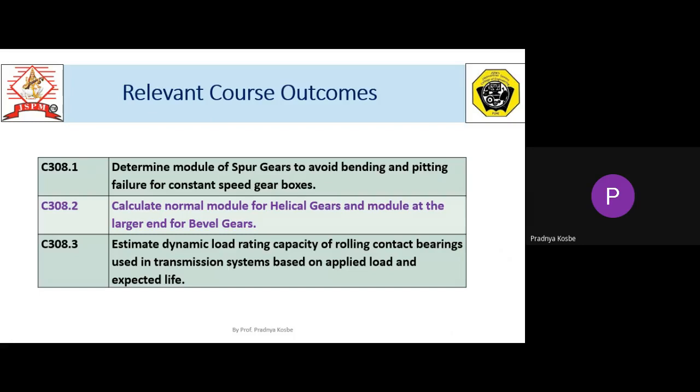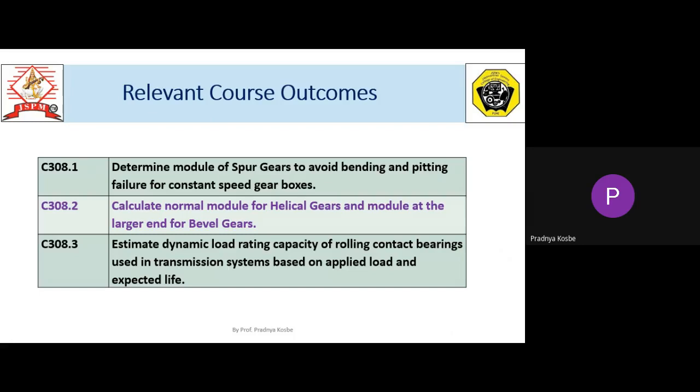So we know that everything related to a gear we can specify in terms of a module. So the first relevant course outcome is C308.1, and that is: determine module of spur gears to avoid bending and pitting failure for a constant speed gearbox.